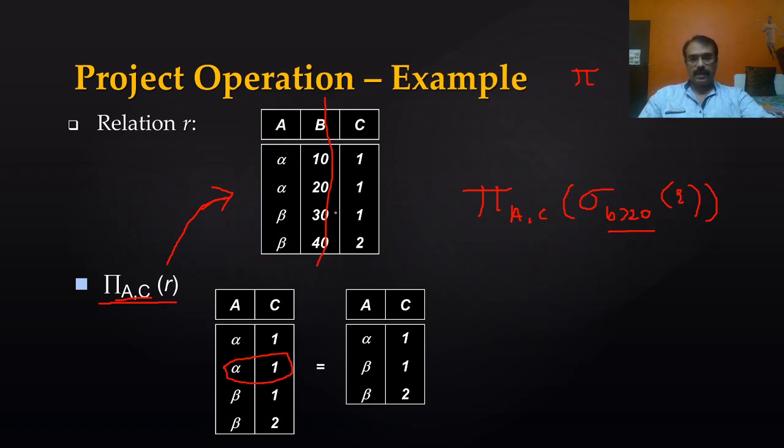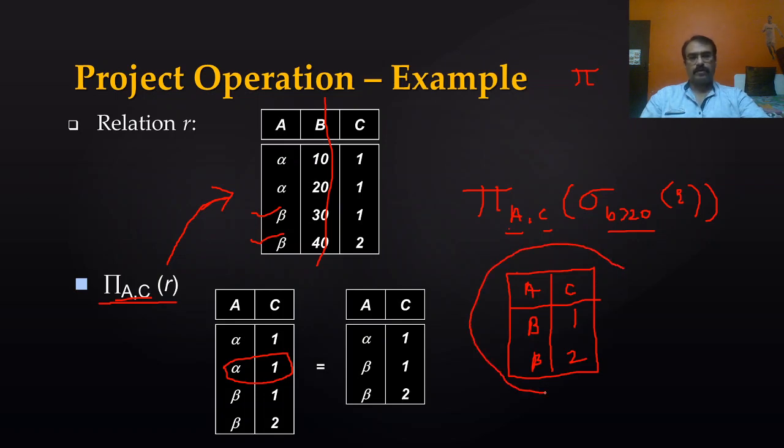So wherever B is greater than 20, the first and second rows are in the picture. These two rows will be selected, out of which only the A and C attributes will be projected. So what output am I going to get? This as A, this as C. But now, unlike the previous one, I am going to have beta 1 and beta 2. So this condition is satisfied, as well as the projection.